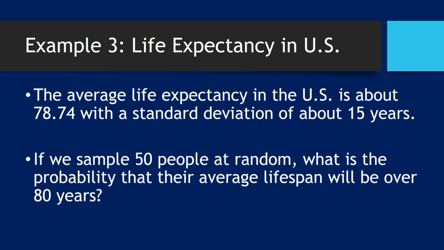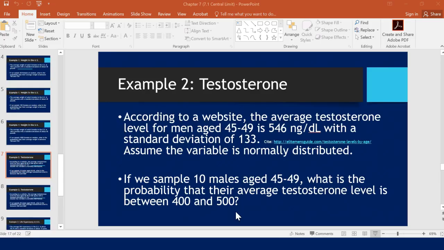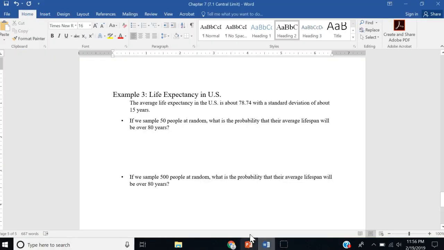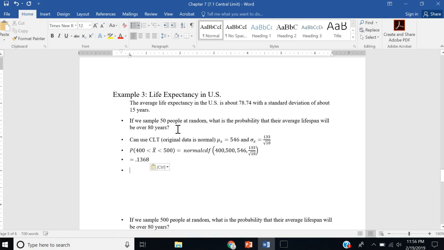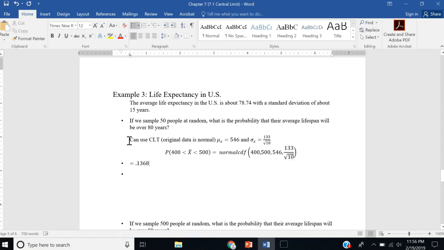All right. Hopefully you did that. And what our take on this should be is the same thing we've been saying. Well, here we're surveying 50 people, and we could imagine that probably the lifespan of people originally might not be normally distributed.